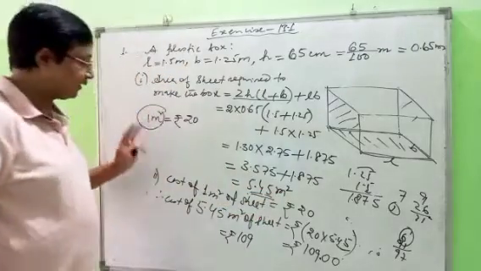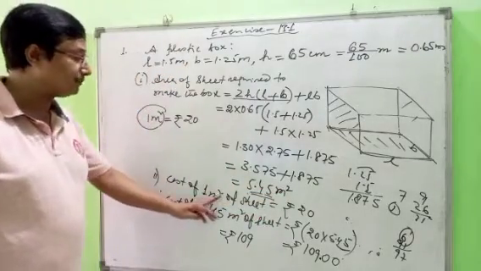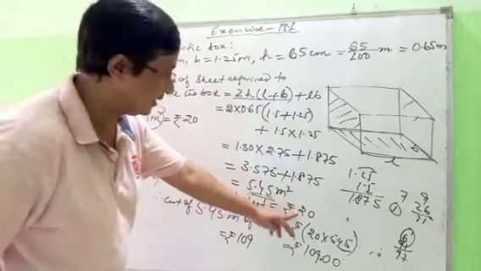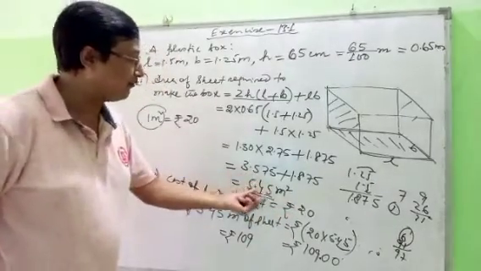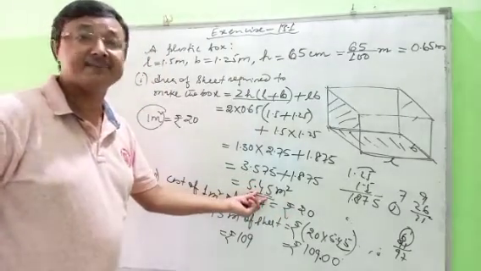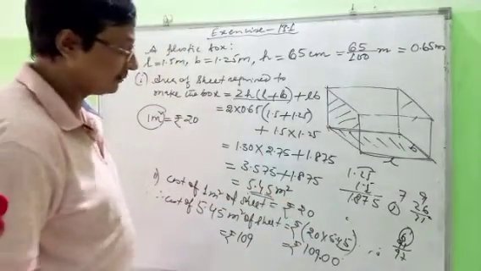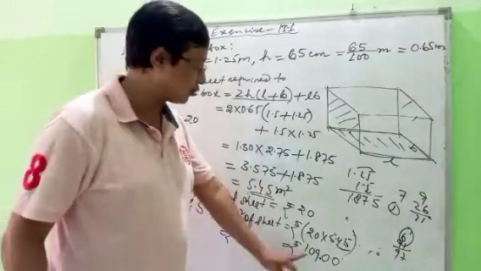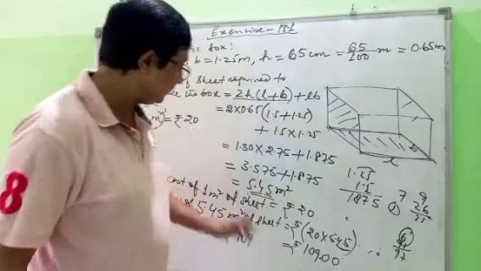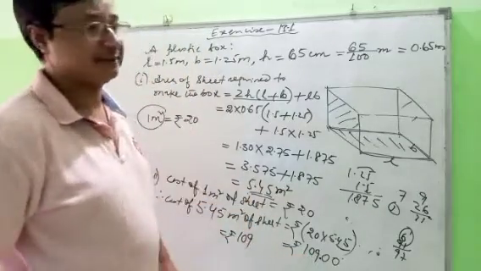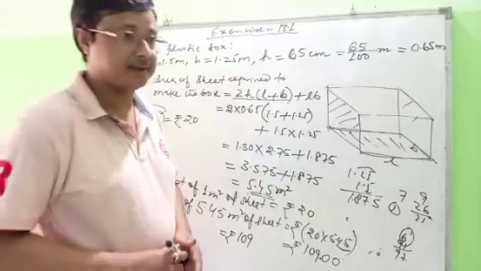Now here they have given that the cost of 1 square meter is rupees 20. So for using 5.45 square meter, the area is more. So that is why you have multiplied. So your answer is these two: 109 and then 5.45 square meter. So that's all for today.